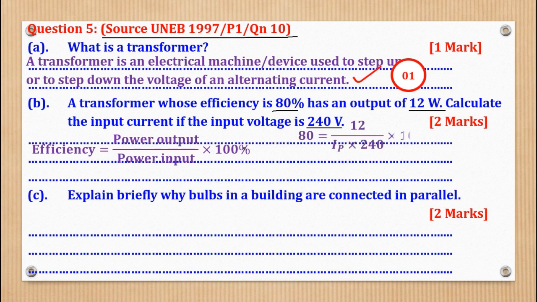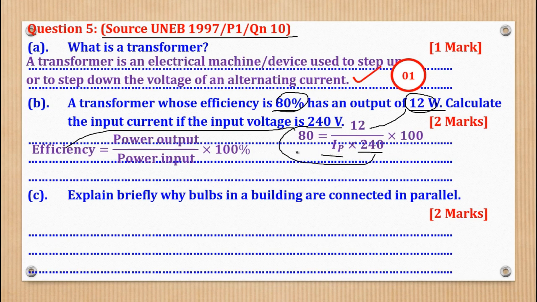Now when we substitute, where there is efficiency you put the 80% given in the question. Then power output was given as 12 watts, so you put it there. Then power input is equal to I_P V, where V is already known as 240 volts, but I_P is not known, which is the current in the primary coil, and that's what they want.